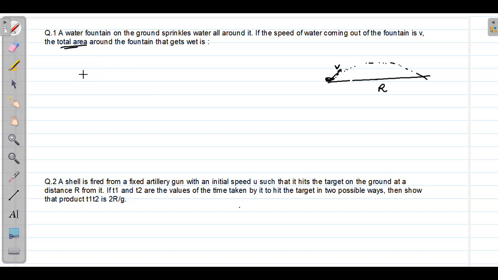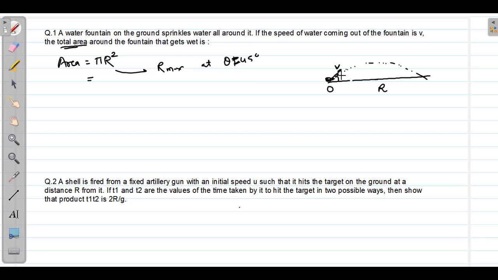So for this maximum area, if R is the range from the originating point, the area will be pi R square, and R will be R max at an angle equal to 45 degrees.